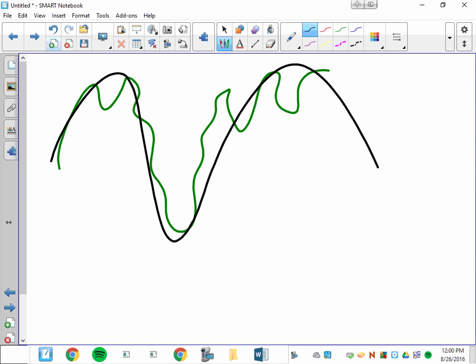But if you decide that your polynomial needs to be more accurate, a little bit closer, but being totally perfect doesn't matter, then that might be an x to the 600 polynomial. But if you need to be really accurate, maybe you do x to the 1 million, or x to the 10 billion, or something. Right? You just decide how accurate you want to be, and that determines how long it needs to be. And eventually, you just cut it off and say, I'm done.